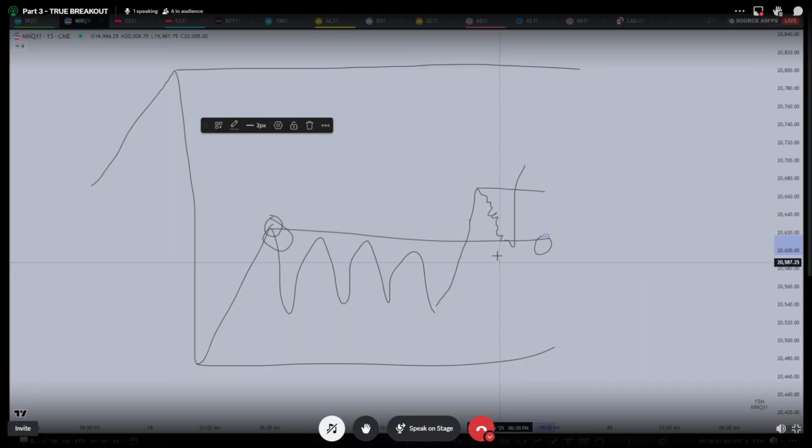Price is telling that it is displacing through these highs, forming a true breakout and continuing to more objectives in the same direction, giving a continuation move.